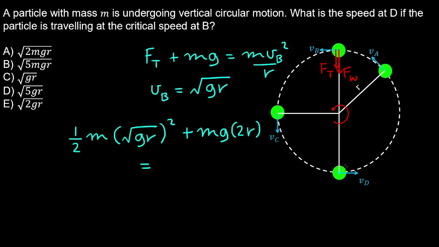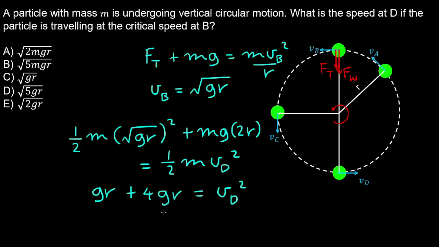And that's equal to the kinetic energy at D, which is 1/2 by the mass by the square of the speed at D. So if we multiply through by 2 and divide through by m, we get gr plus 4gr is equal to the speed at D squared, and therefore the speed at point D is the square root of 5gr. So the correct answer is D.